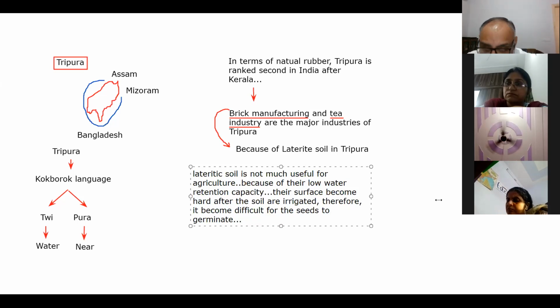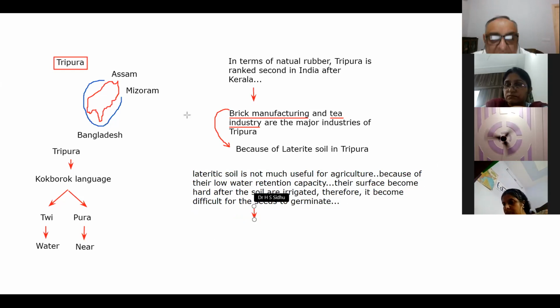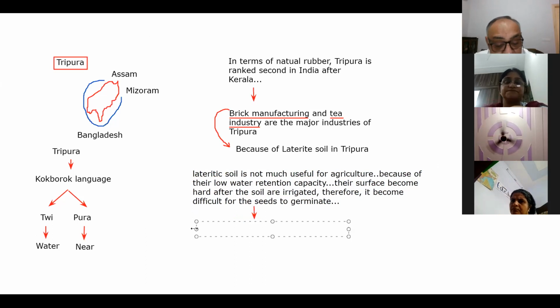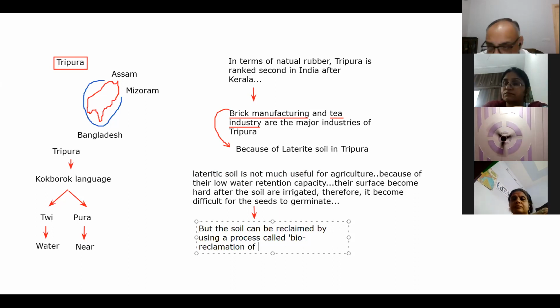But the next thing here is that the soil can be reclaimed for agriculture purpose, by using a process called bio reclamation of degraded lands. इस तरीके से हम इसको कर सकते हैं.